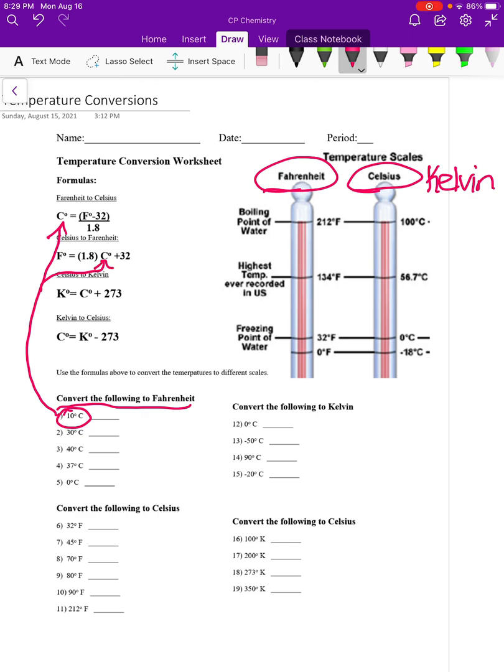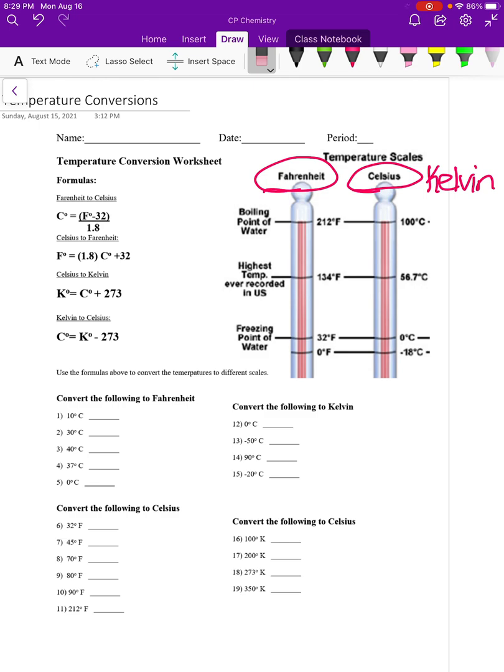And then you're going to solve for F, Fahrenheit. When you do that, it's 10 times 1.8, which is 18, plus 32, which is 50 degrees Fahrenheit. You do the same thing with the rest of these. You'll plug each number in for C and then solve for F.